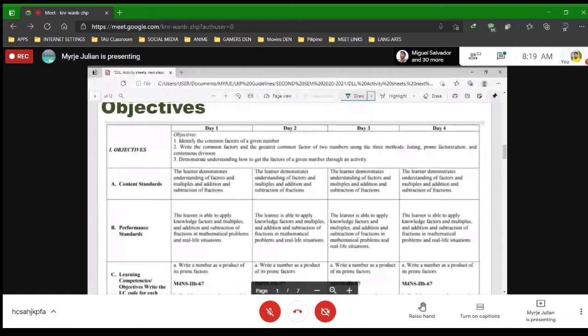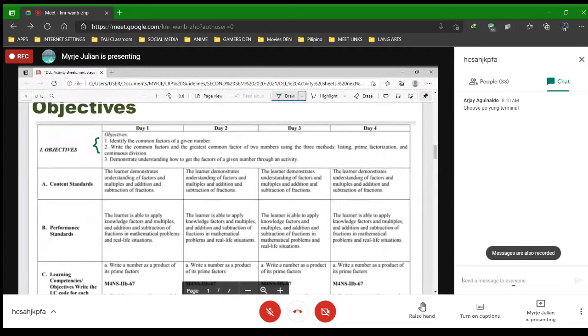Identify the common factors of given number. Write common factors and greatest common factor of two numbers using 3 methods. And then demonstrate understanding how to get the factors. Okay, why did I show this one? The first two objectives here are already specific.